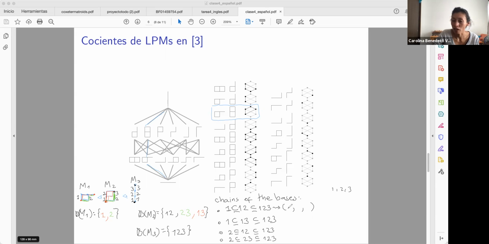So I'm going to count repetitions, and those repetitions I put here. We notice that 1 is repeated in the 3 subsets, so the first coordinate is assigned 3. 2 is repeated only in 2 subsets, and 3 appears only once.